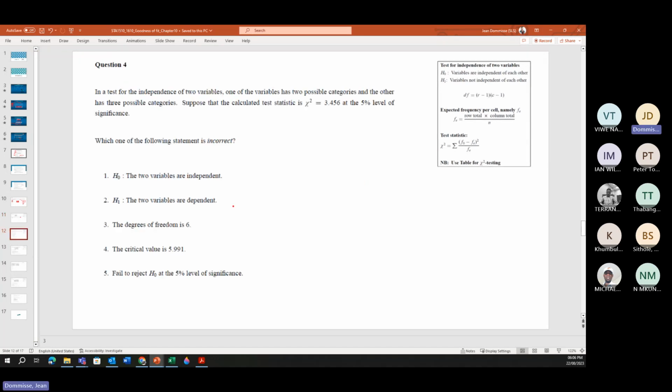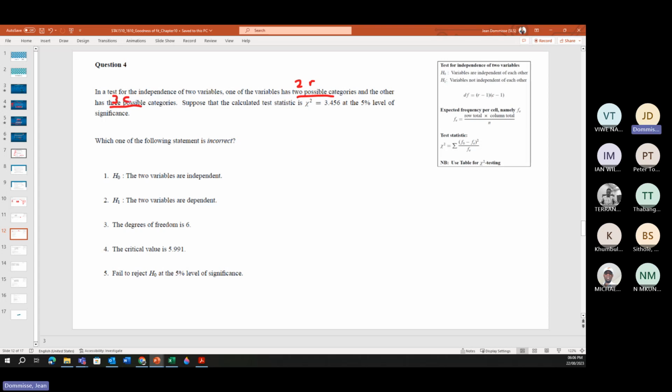Okay, so let's look at the next set of data. So here they tell us you've got a test for independence. One of the variables has two possible categories, and the other has three possible categories. So you can think about it as, there are two rows and three columns.